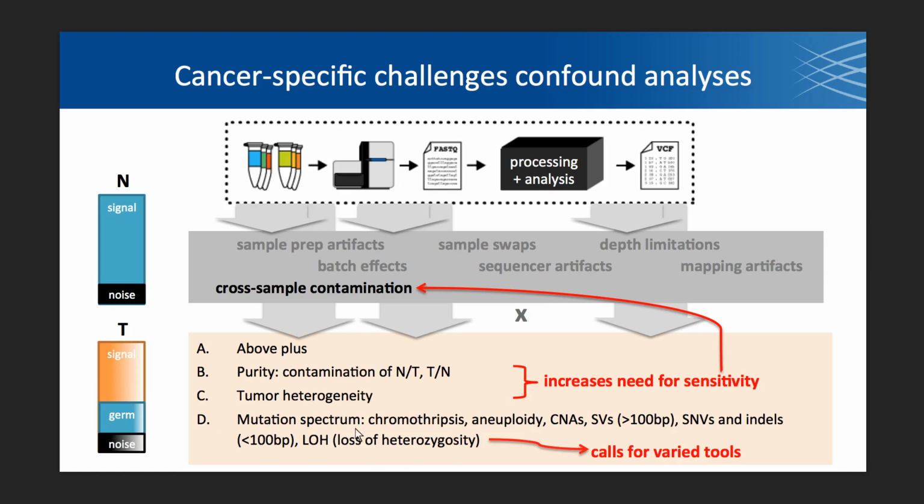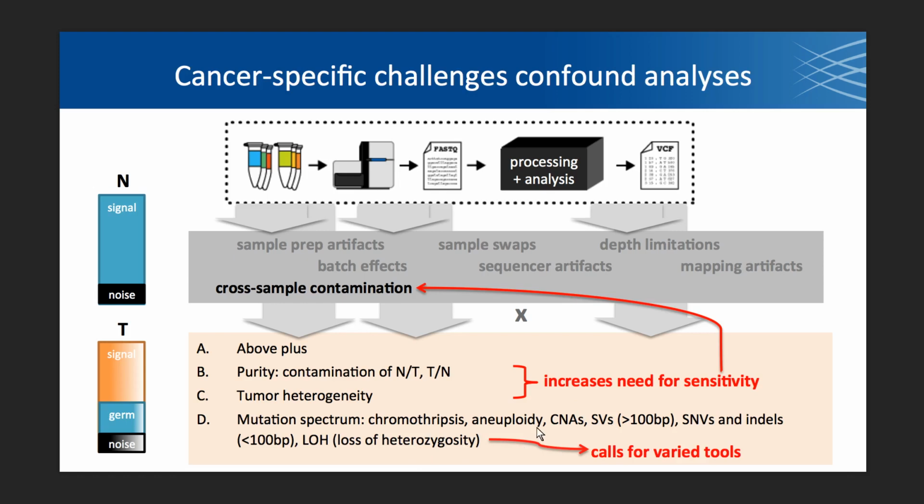Lastly, we know that cancer has a wildly different mutation spectrum than the germline variants that we observe. For example, we have chromothripsis, which is like a bomb has gone off in the nucleus. All your DNA is fragmented into little pieces and then randomly religated together in a process called chromothripsis.